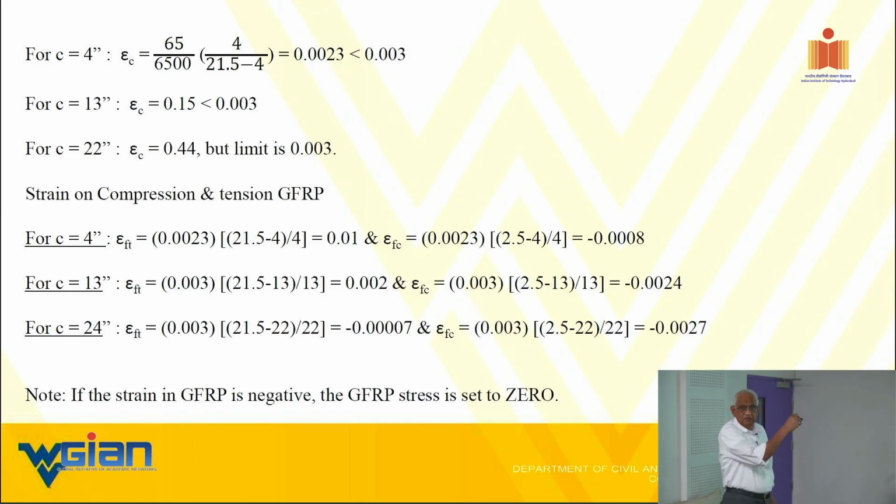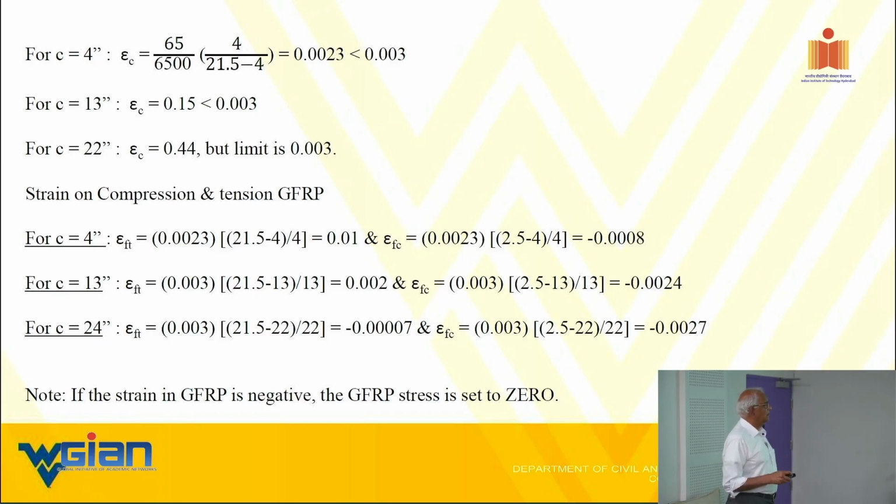So using this same strain compatibility, I don't have to repeat it over and over. You see that? Using this same strain compatibility equations, I'm going to determine for different eccentricities of load, what is the strain in the FRP in tension. Very, very low, you can see the tension strain values. Again, this is all from the strain compatibility. Please look at here.